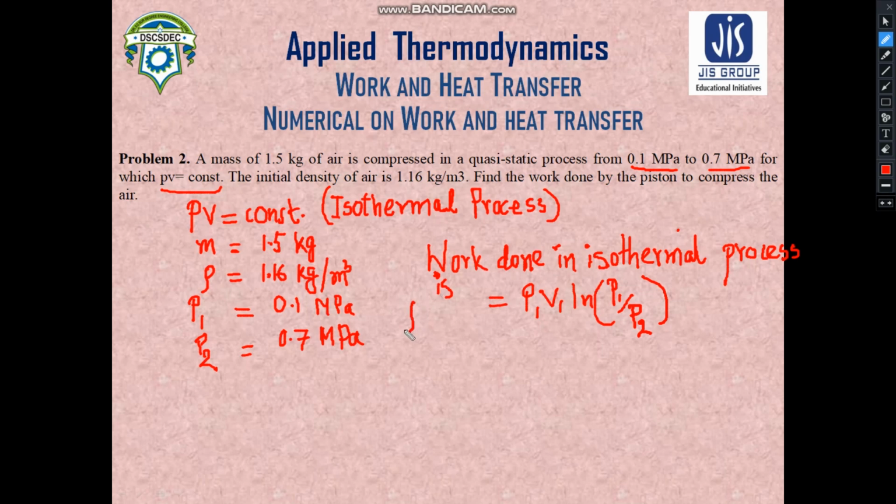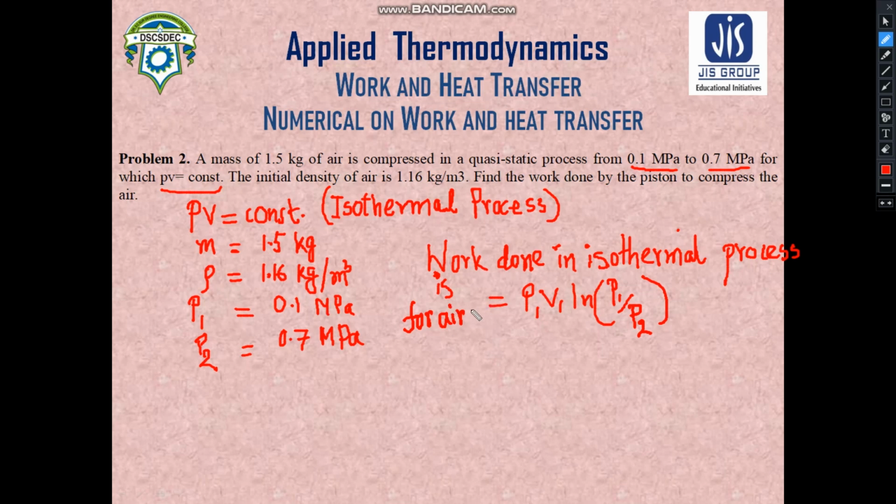This has to be specifically mentioned to you, because if you don't understand which is your system and whose work you are calculating, there will be some conceptual problems regarding the misunderstanding of system and surroundings. So it is extremely necessary to understand which is your system and which is your surroundings.